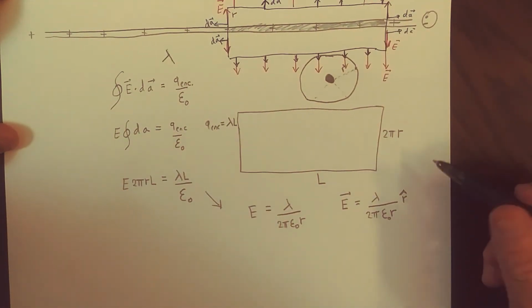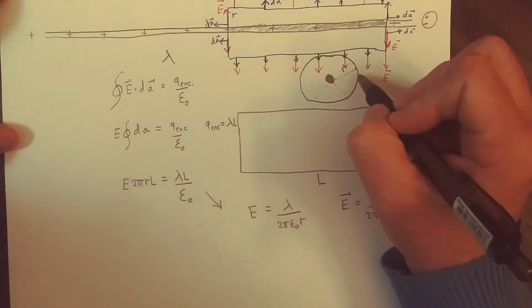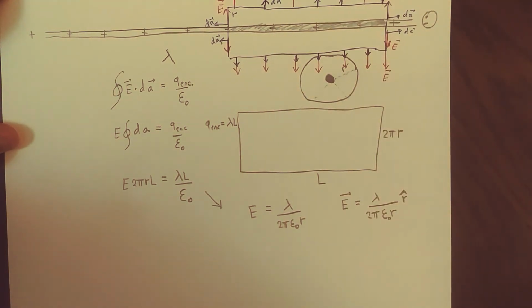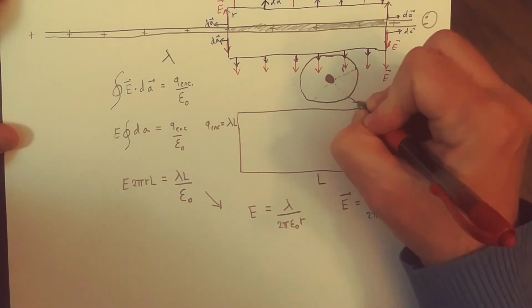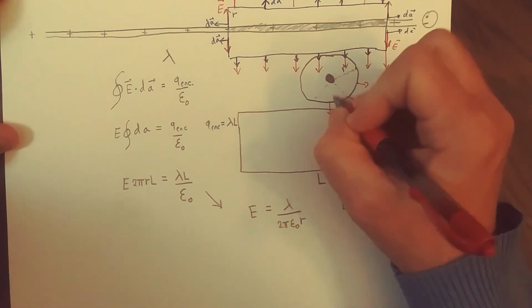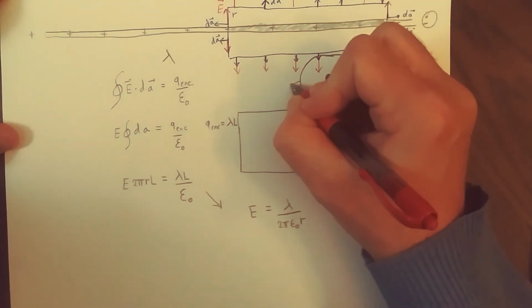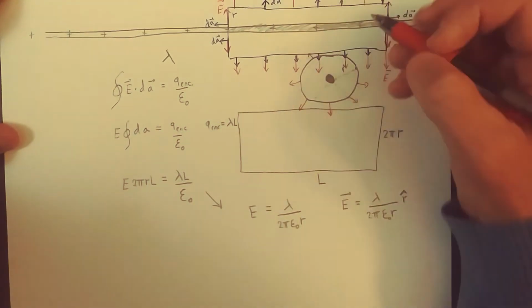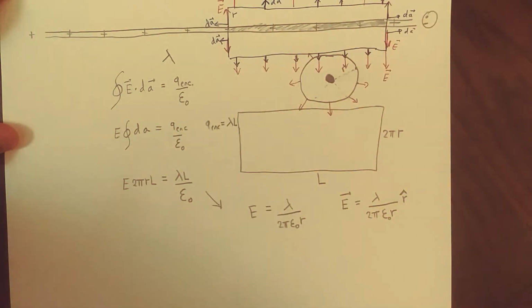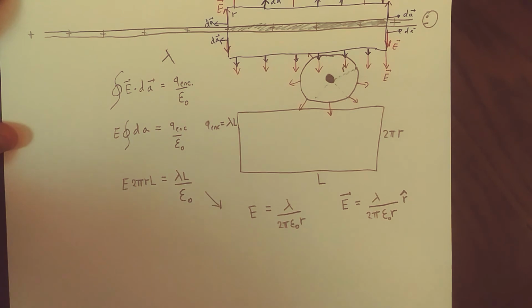Okay, so if we look at the electric field from this perspective on the surface, then we have what looks like a radial electric field, but we have no components that are sideways, right? So it's not actually a radial electric field. And in each plane, it's radial.